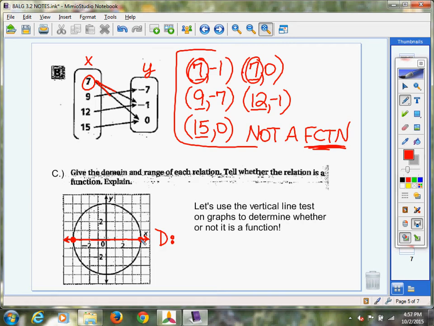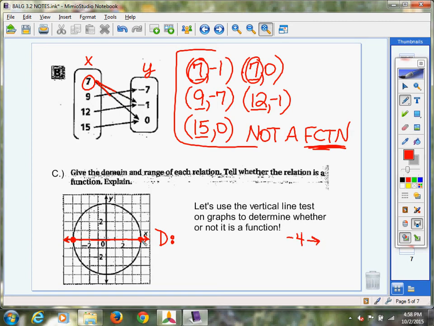So this point right here that I first marked on the left, if you notice, here's our origin, so there's 0. This would be -1, -2, -3, and there's -4. So we know that the domain is going to go from -4, and then let's look to the far right side.